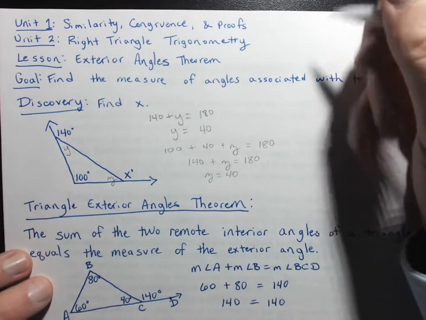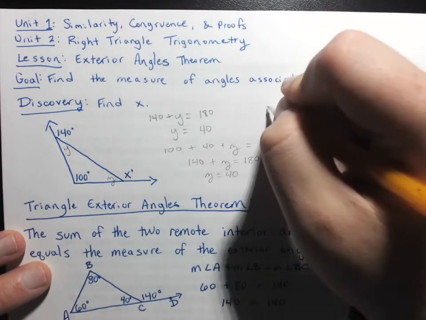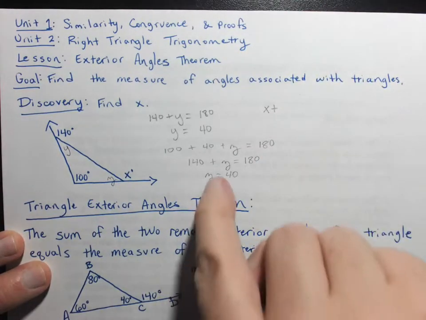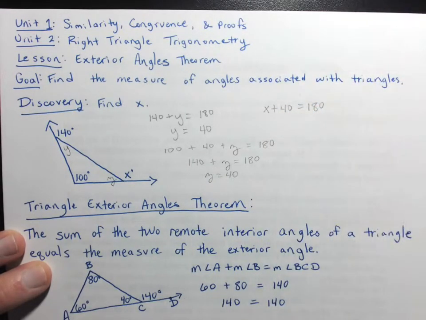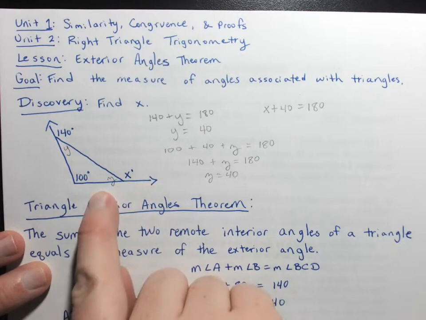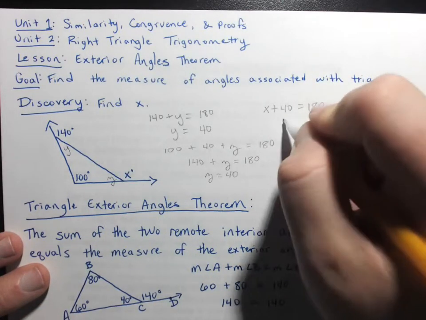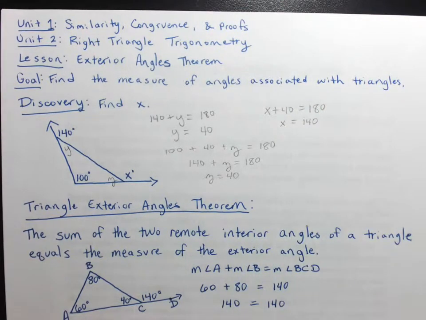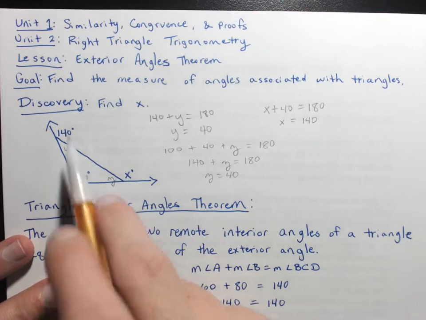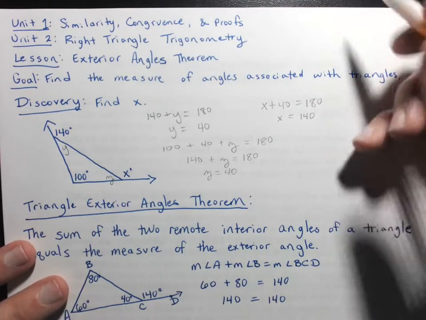Now from here, we can find x, because x plus z, and z is 40, should equal 180, because it's another line, so of course it's a straight angle. Subtract your 40, and x is 140. Now I kind of picked a bad example here because the 140, 140, 40, and 40 are all going to be the same, but that's okay, you can see it anyway.